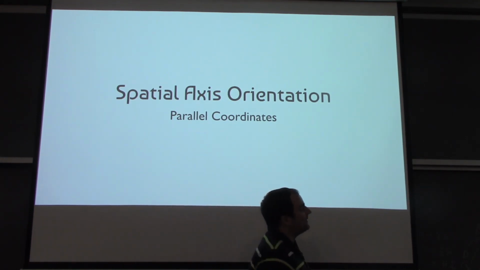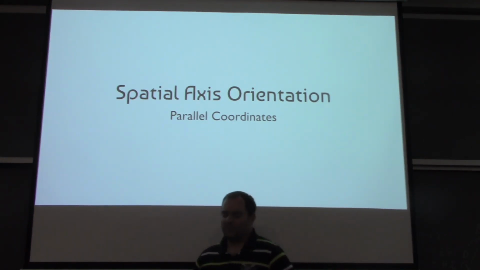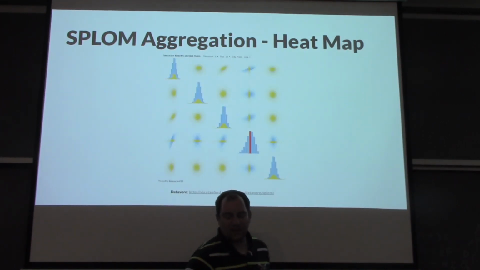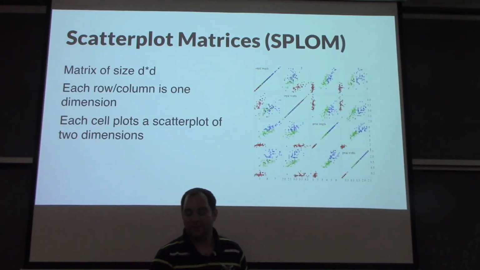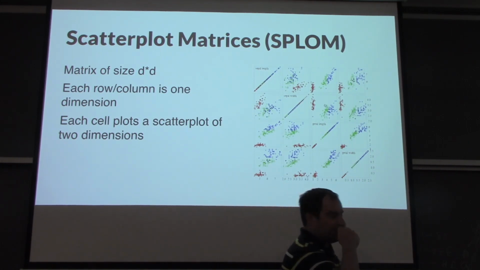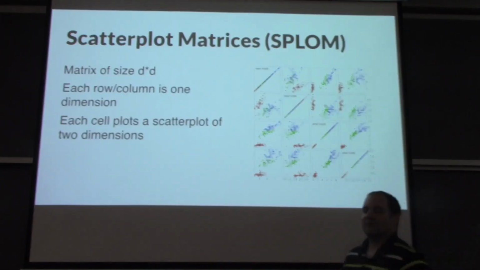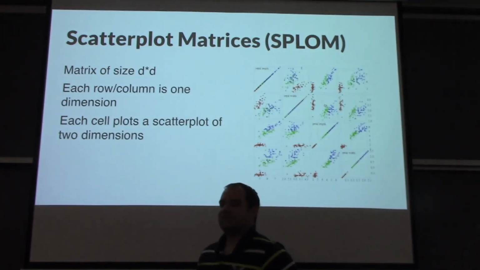Okay, the next topic. One point that I don't have on the slides here: what is another way of dealing with a lot of points in a scatter plot? So let's say I have a scatter plot like this, and I have 1,000 points, not 1,000,000 points. What could I do to see dense clusters?